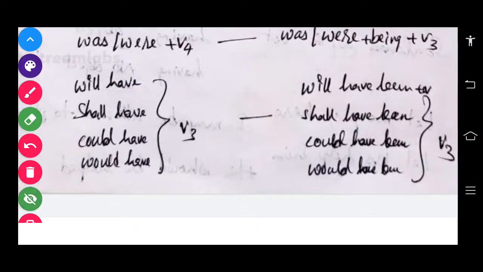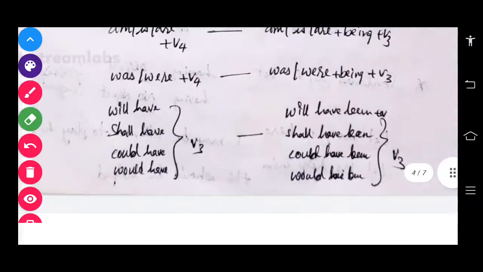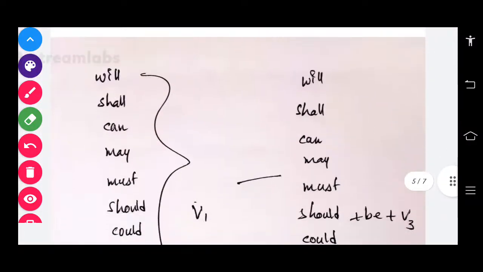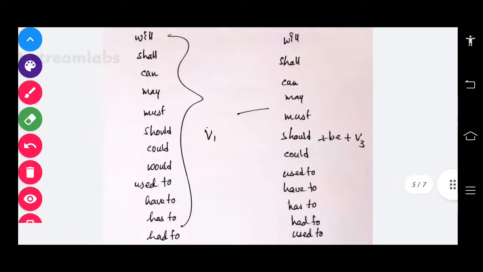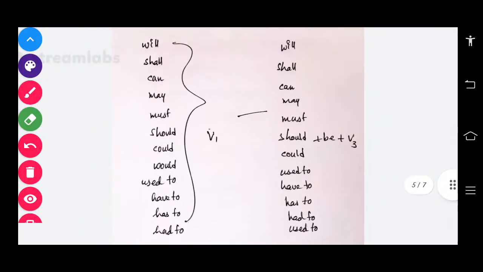Yeah, let me tell you one more point. See that these are all auxiliaries. Will has to be used like will be, shall be, can be, may be, must be, should be, could be, would be, used to be, have to be, has to be, had to be.